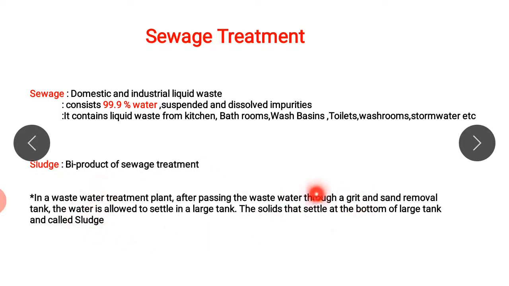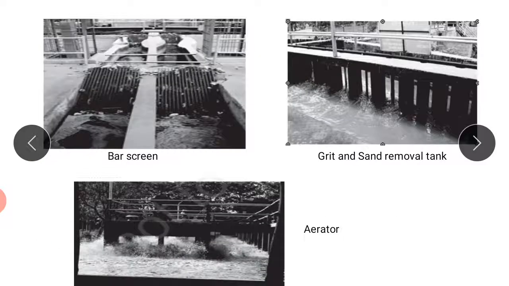Briefly, we can say what sludge is in a sewage treatment plant: after some primary treatment, that is removal of some floating materials and extra solids, sand, silts, by passing it through grit, and after allowing them to settle in the large tank, whatever solid is generated at the bottom is known as sludge, and whatever liquid is present above this solid is known as primary effluent.